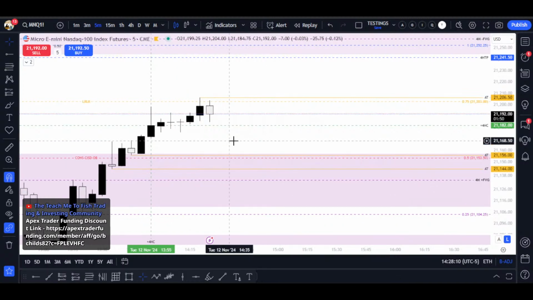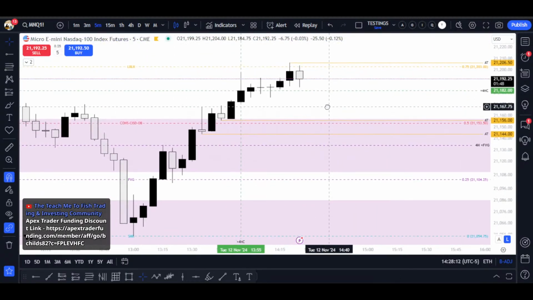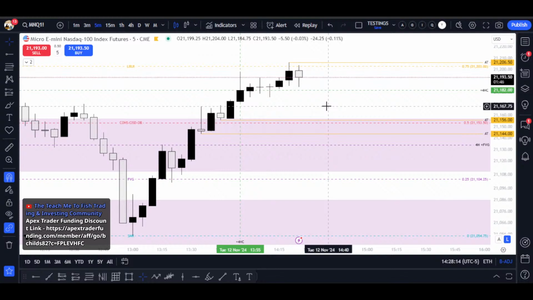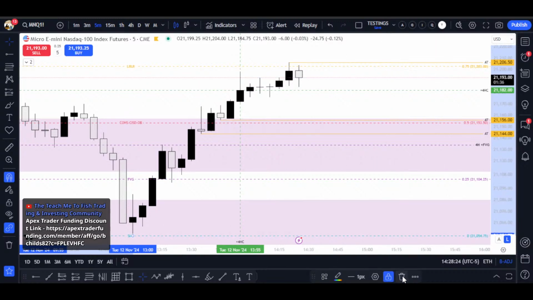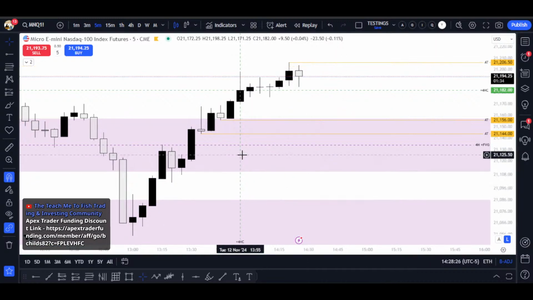I'll make this a little larger for you guys. So I'm going to go ahead and take this off because I'm really not trying to trade any market maker models.